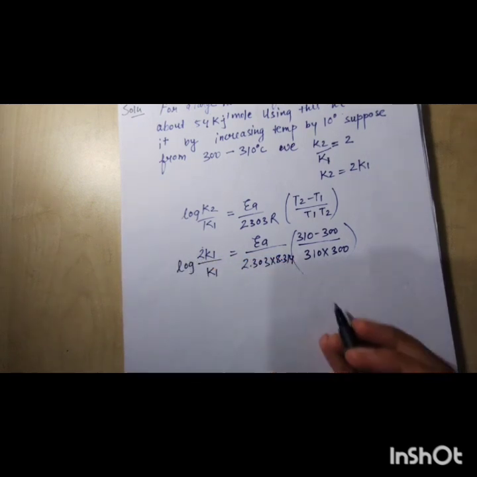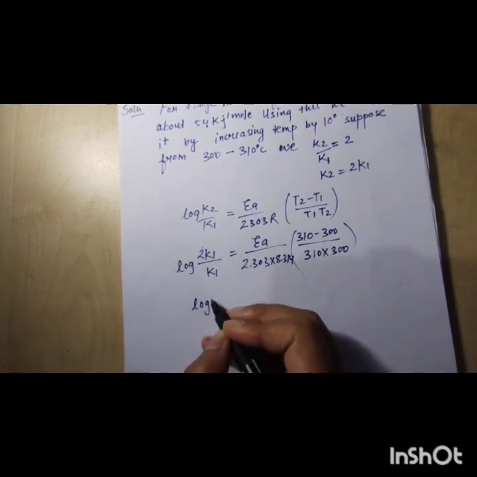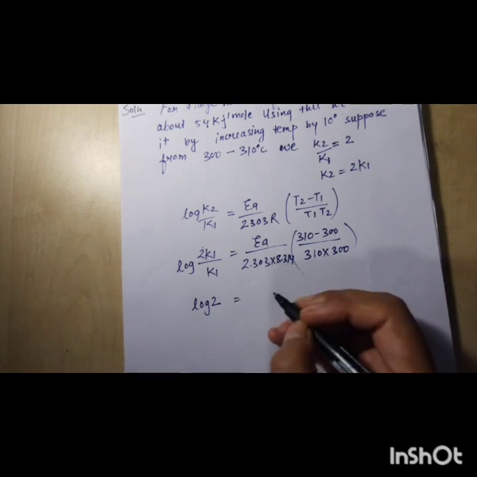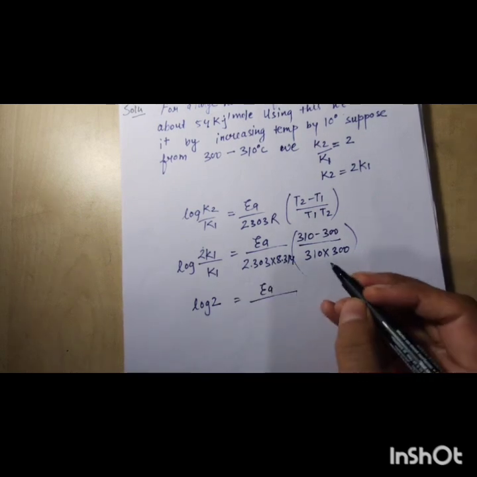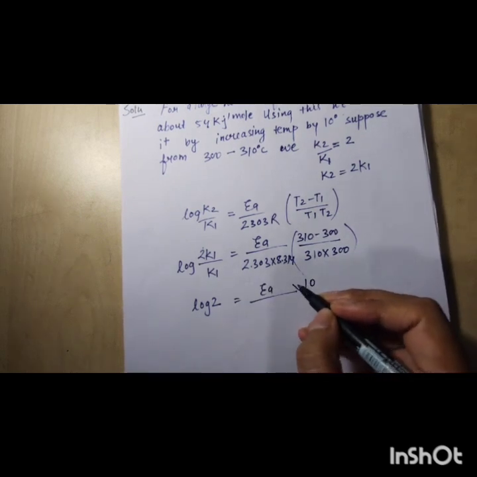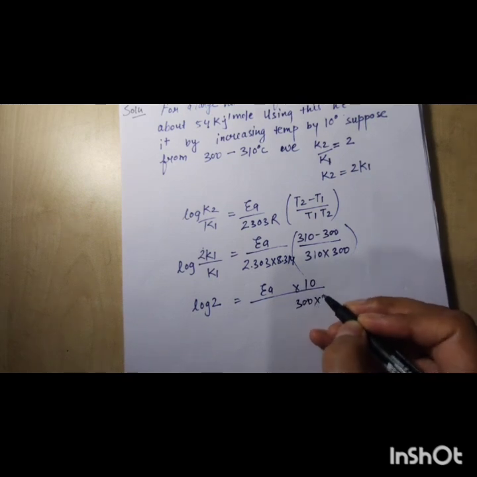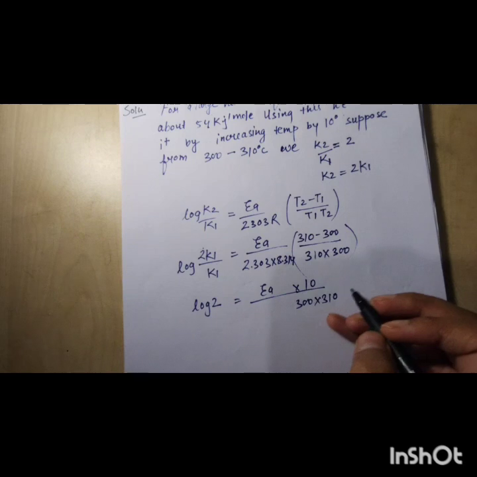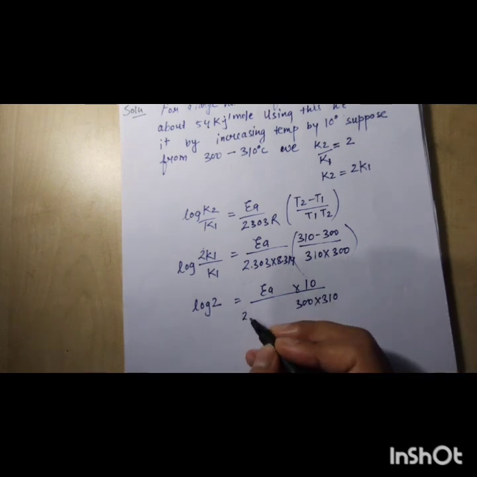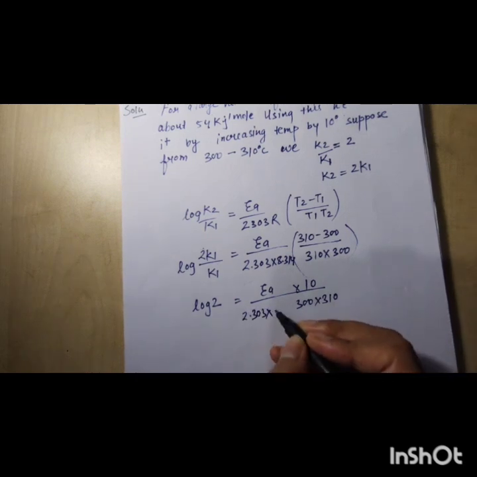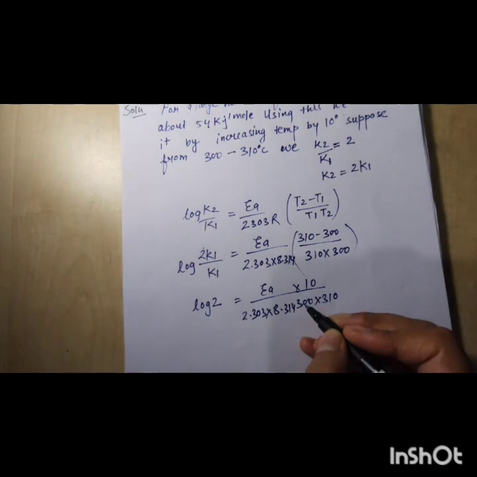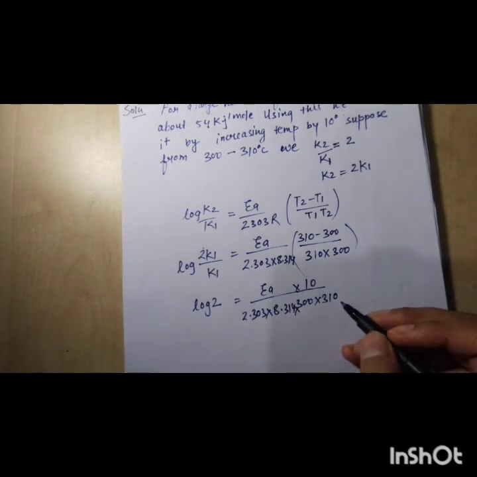After solving it becomes log 2, and EA value becomes 10 divided by 300 into 310 Kelvin and 2.303 into 8.314. So this is the value.